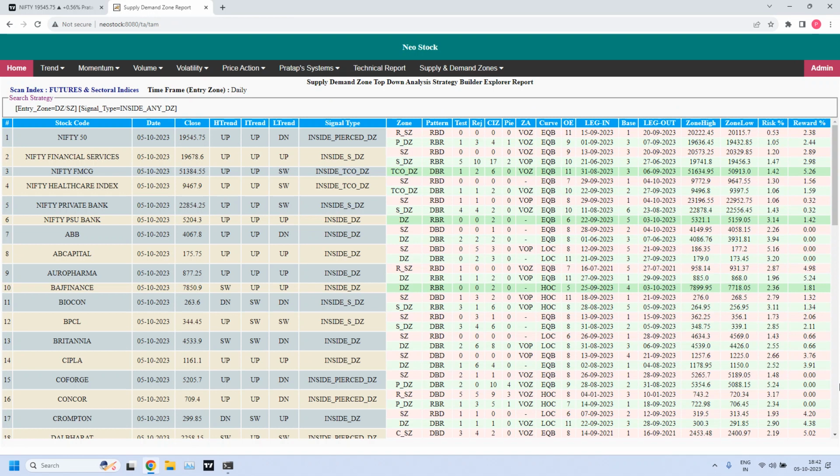This is the filtered list. See here Nifty 50, it is closed inside pierced demand zone, because this demand zone is already pierced. But the bear trap pushed the price up.